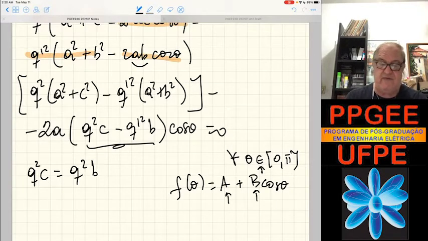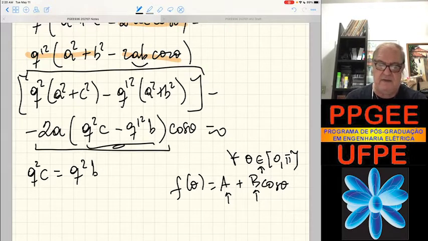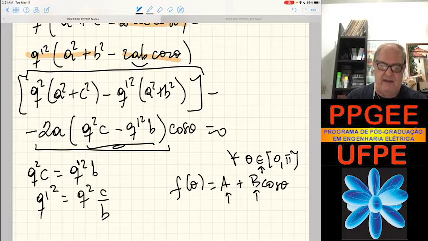So A is this coefficient here, and B is this one. I'm doing B equals 0 right now. Sorry, Q² C equals Q'² B. So Q'² equals Q² C over B.